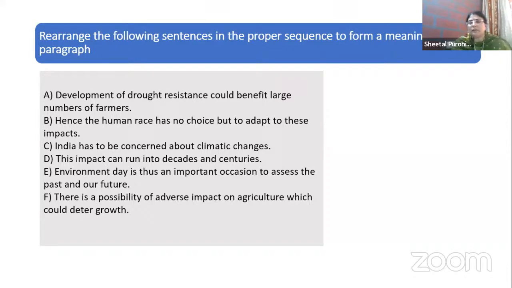Okay, anyone ready? Only one person has given the answer as of now. What is that? EACFDB. Only one? What about others?